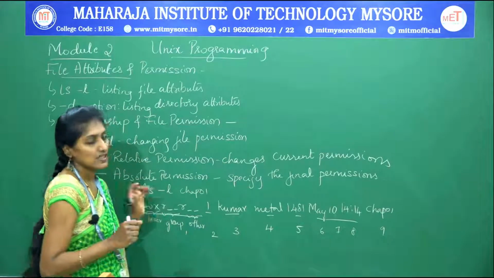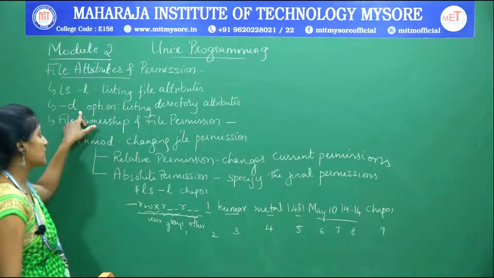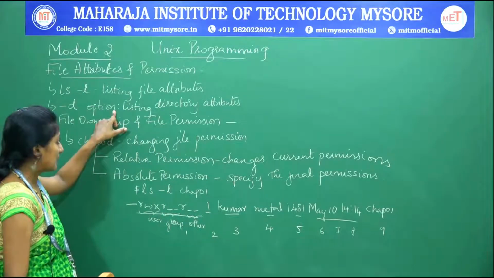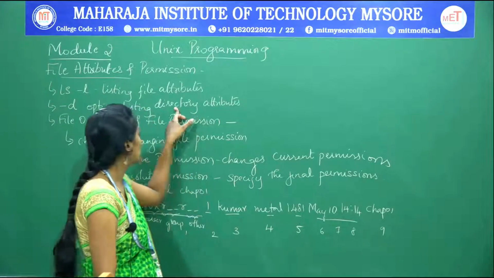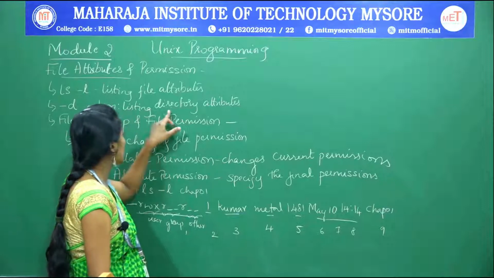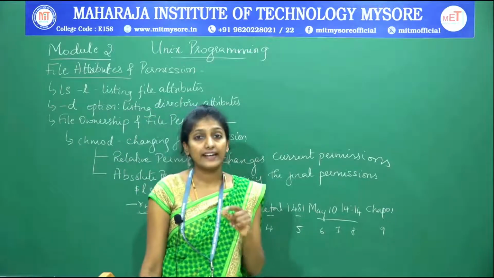So this was discussed in the previous class. Along with that, we had discussed the option -d, that is for listing the directory attributes. It is going to list out those files which are directory files.